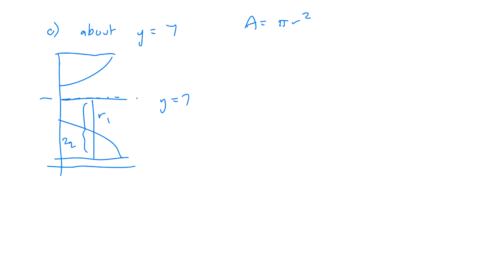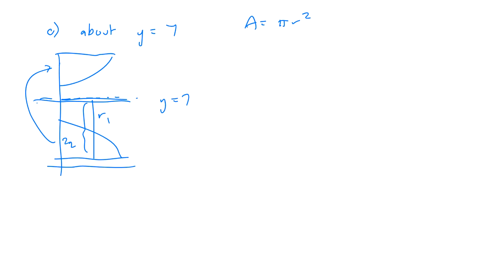Because think about what we're doing: we're going to rotate this around the line y equals 7. So as I rotate it, it's going to flip. Whereas if you go back to the last one, if you rotate it around the x-axis, it will not flip. It'll flip in a different way. So it's kind of translating it above.